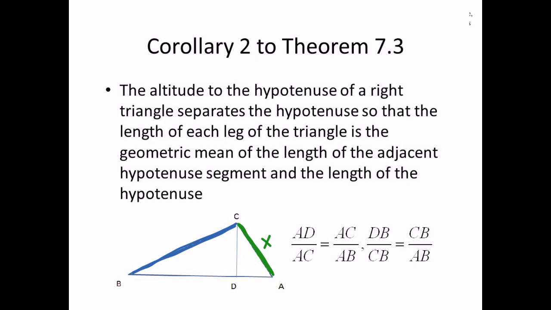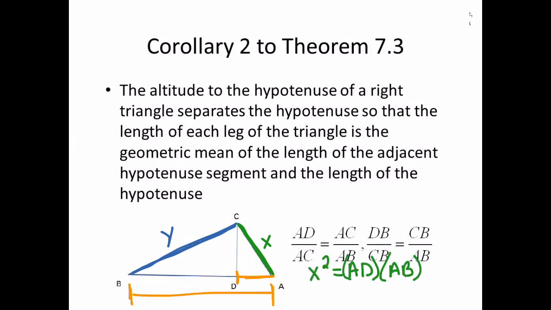If we call the green leg X and the blue leg Y, they become the geometric mean of the hypotenuse. So for the green leg X, you take the part of the hypotenuse that's the closest, that's adjacent to the leg you're talking about, and you multiply it by the whole hypotenuse, the whole thing.